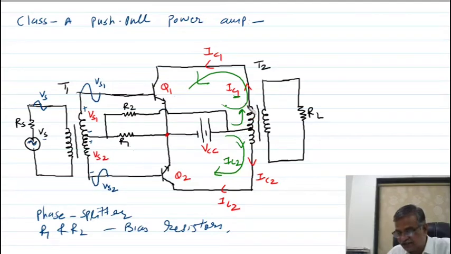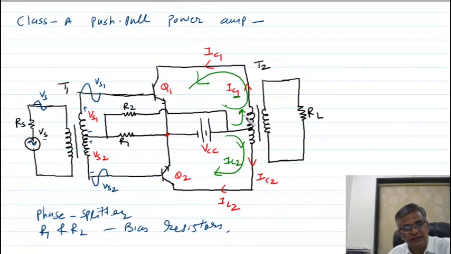Both the collector currents passing through the primary of T2 are in opposite directions. As a result, the magnetic field effect is cancelled. You can see here VCC is connected to the center point of the transformer T2, and the current will flow in the primary of the transformer T2 in opposite directions.